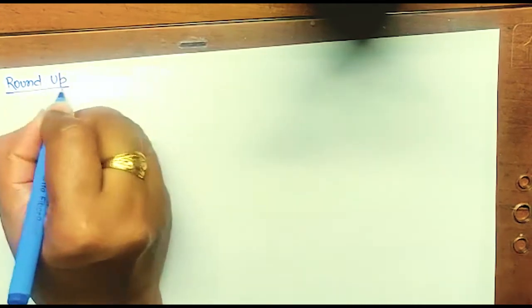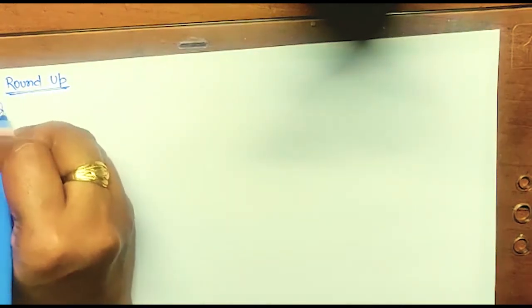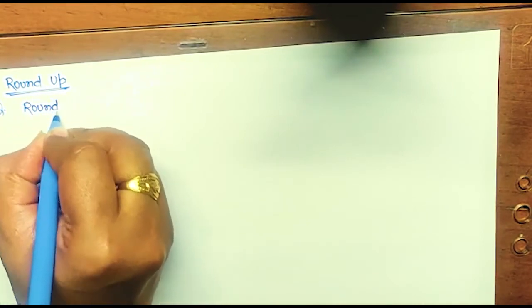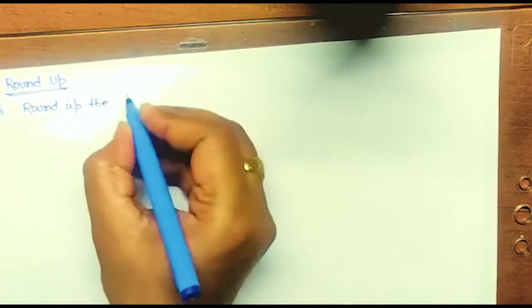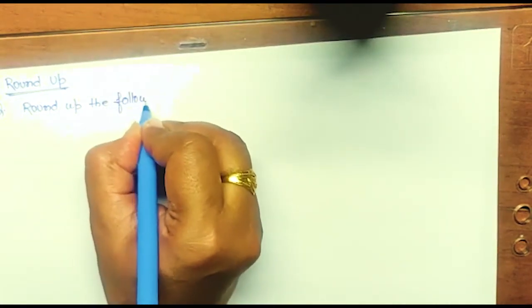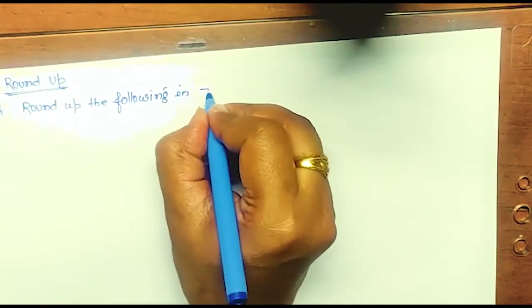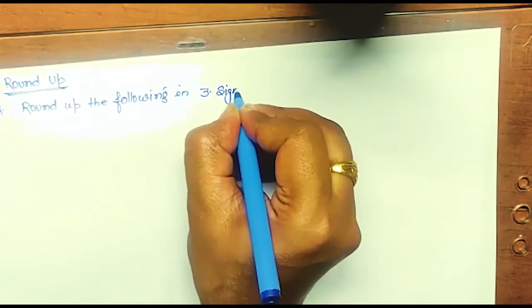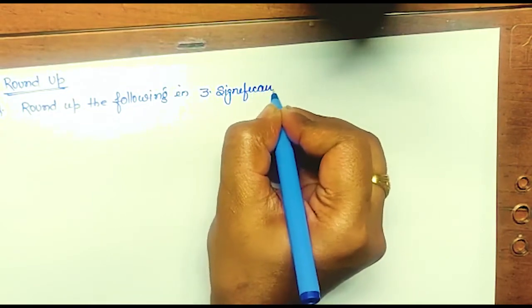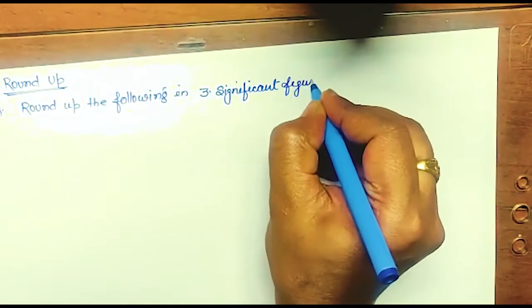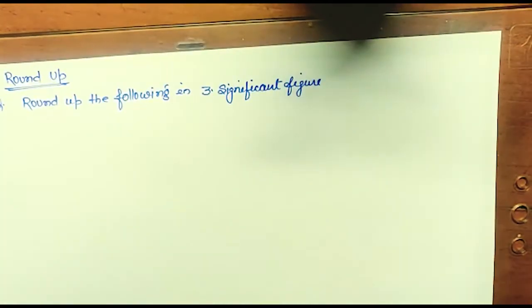Round up means a question will be there: round up the following digit in three significant figures, or maybe four significant figures, or five significant figures, anything. Okay, got it? This can be any number. So how to do this?